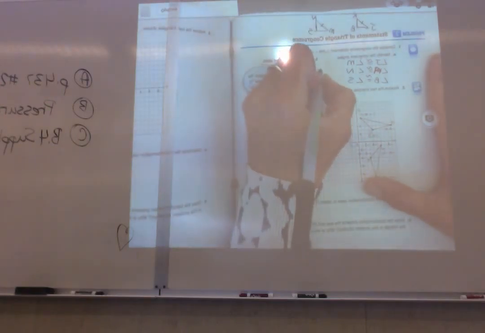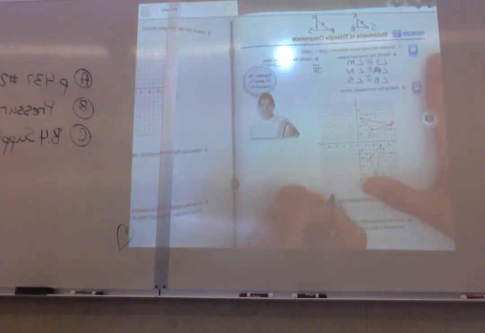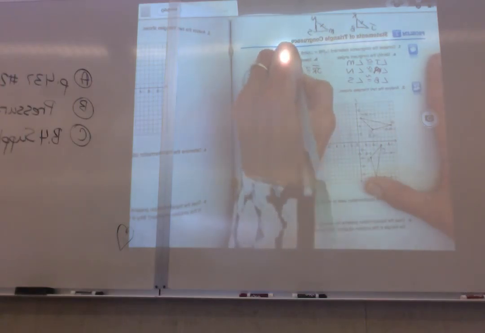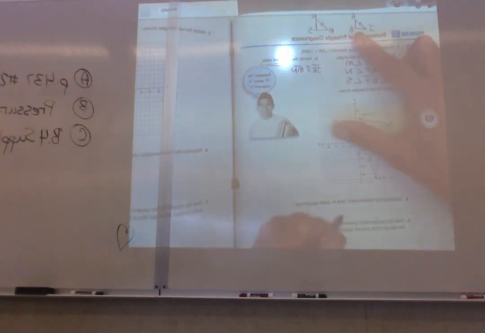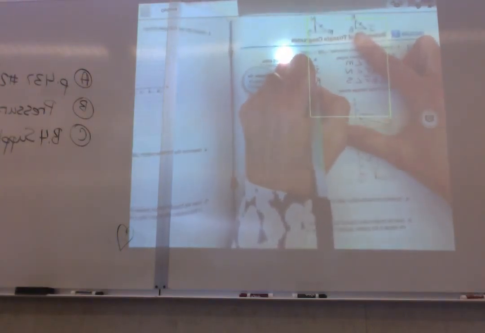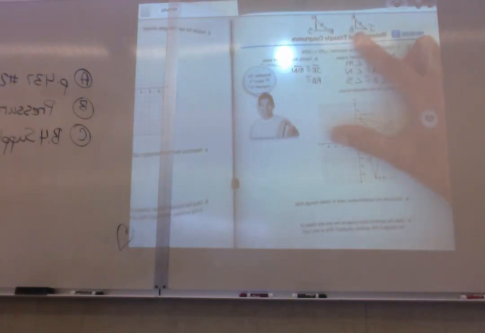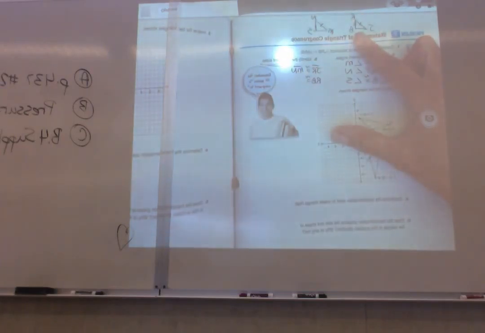Okay, here's how we write that. JR with a line, congruent to MN with a line. Next one I'm going to look at is RB. Myra, RB is right here. Who does it match on the other triangle?